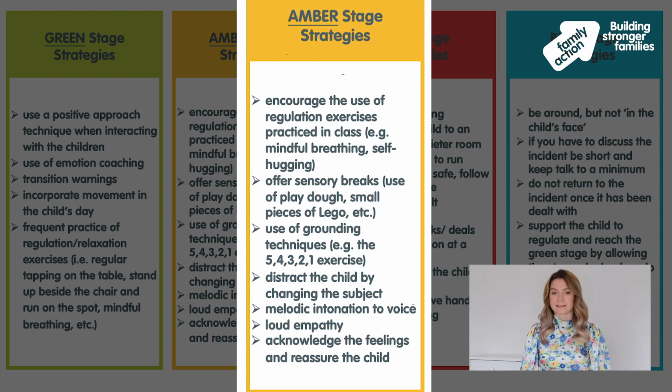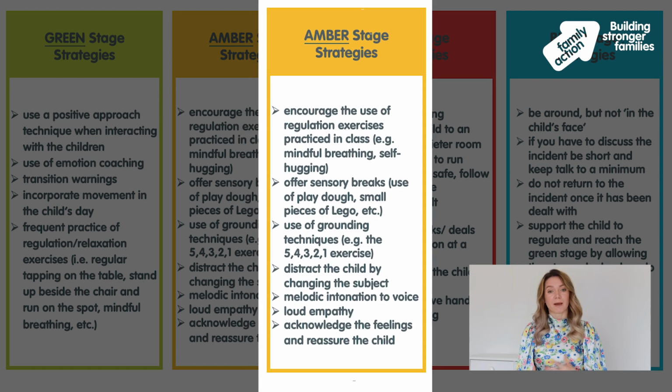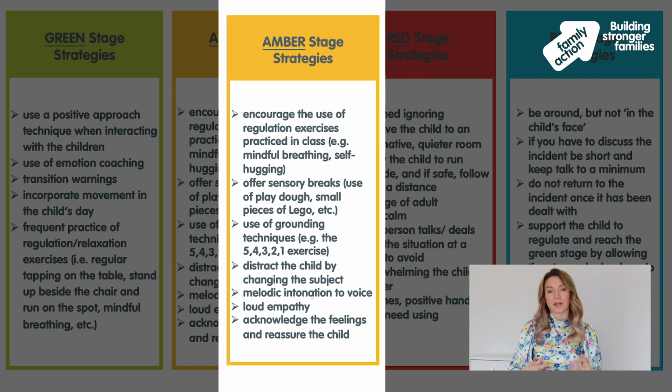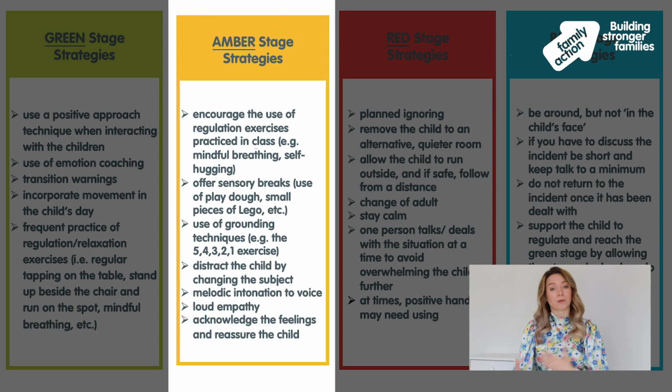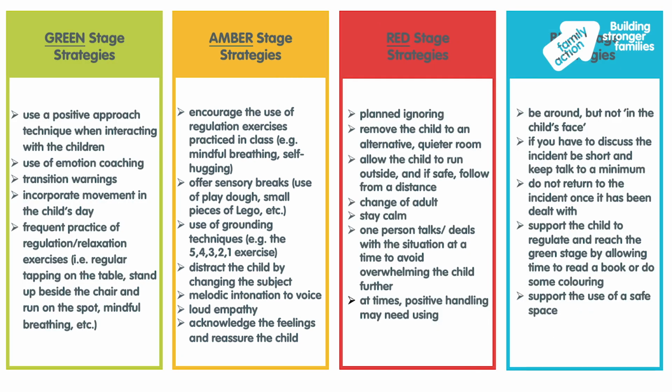Use grounding techniques. Try to distract the child by changing the subject. Melodic intonation. This can calm and regulate and increases the oxytocin in the bloodstream. Loud empathy. This can be achieved by making our own breathing audible and slow to encourage the child to mirror it and calm down without being told to.